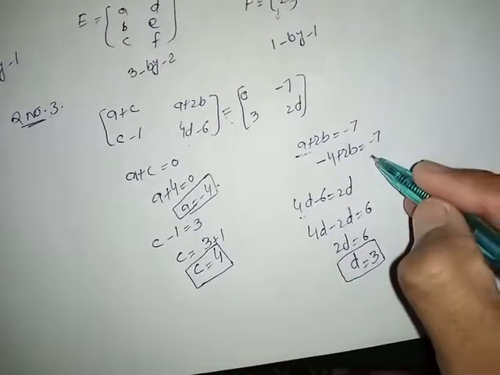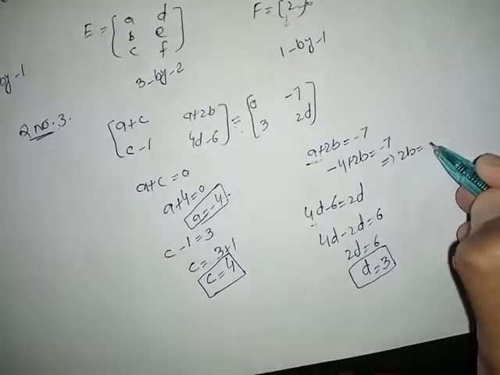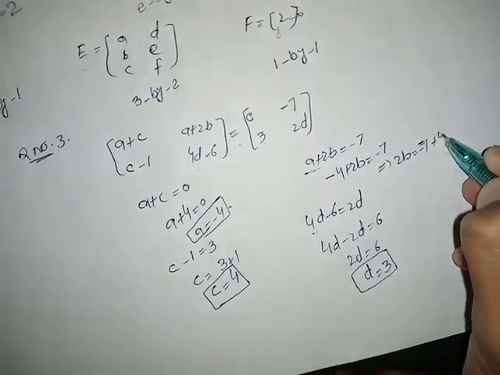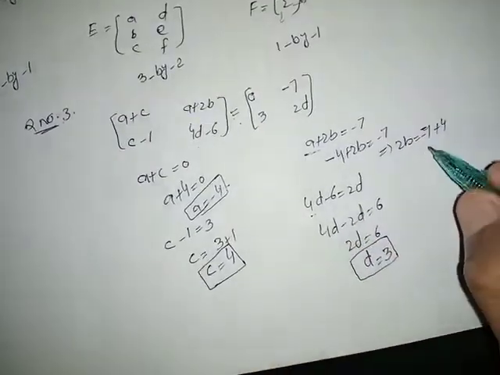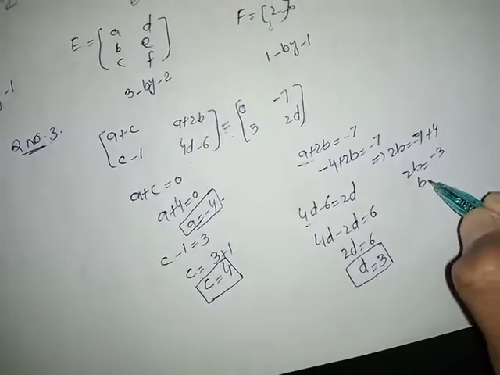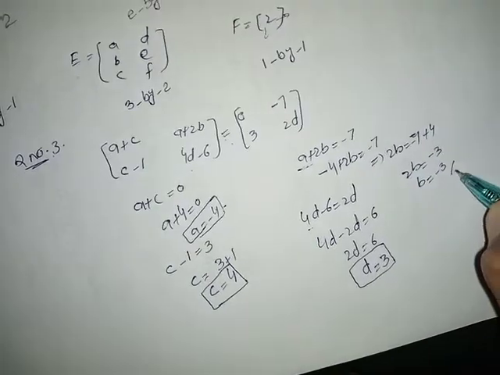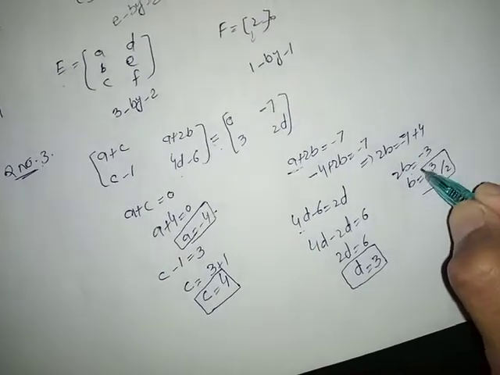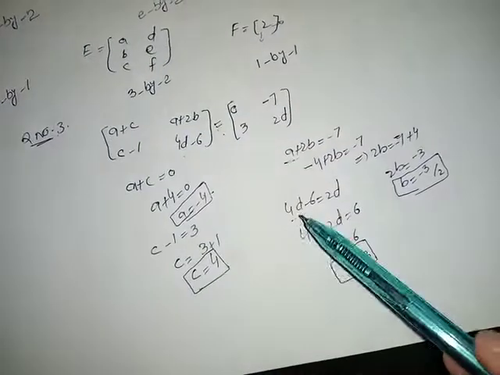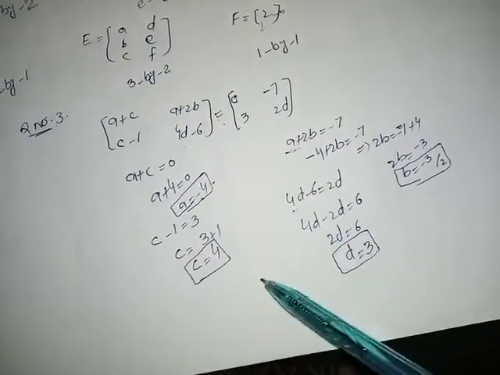So 2b is equal to minus 7 plus 4, so 2b is equal to minus 3. When we divide by 2 on both sides, b becomes minus 3 by 2. So these are the values of a, b, c and d that we had to find.